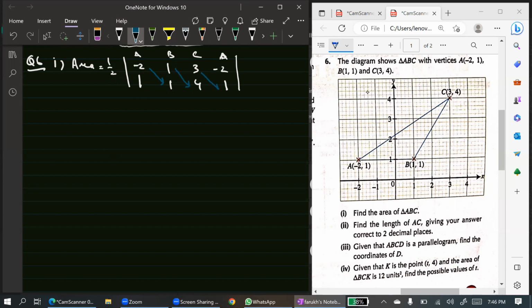Multiply the numbers in this order. That is minus 2 plus 4 plus 3. We will put a negative sign, a bracket. Now we will multiply in this order.